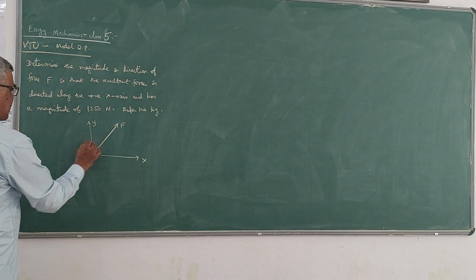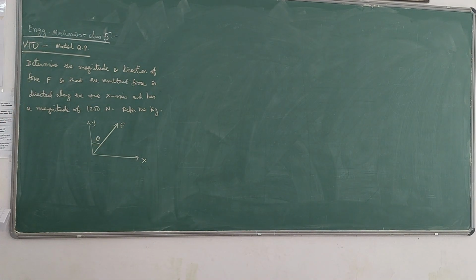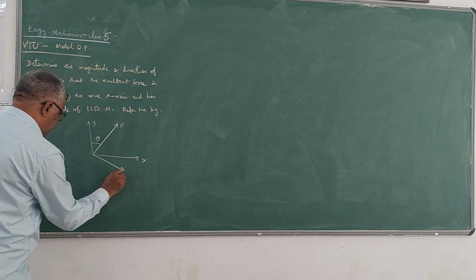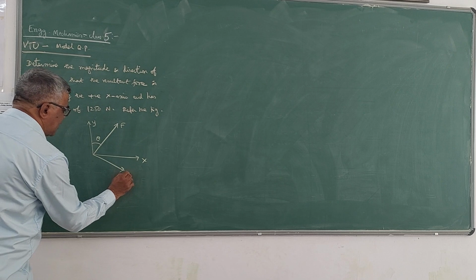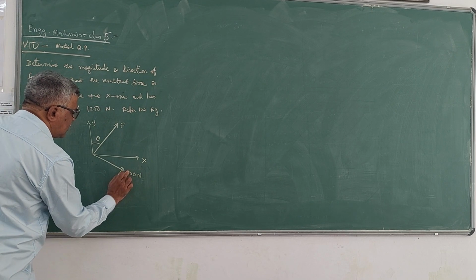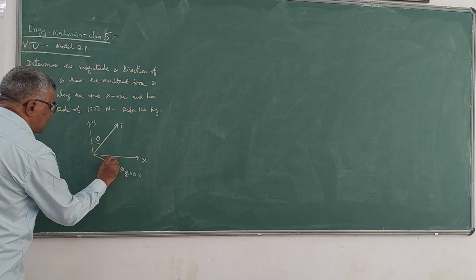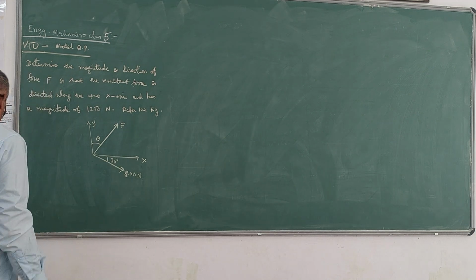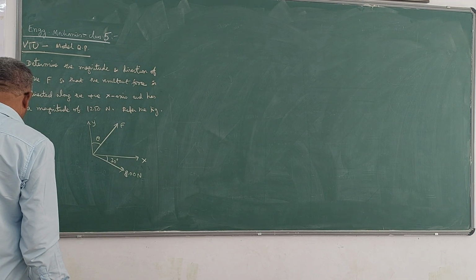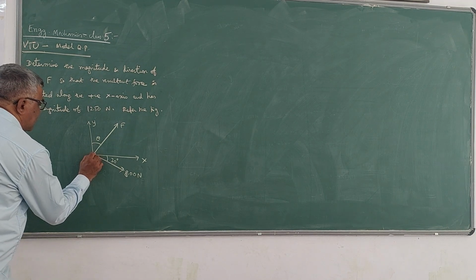It is making an angle theta with y-axis, and there is another force 800 Newton acting at an angle of 30 degree with x-axis like this. So this is the point of concurrence.